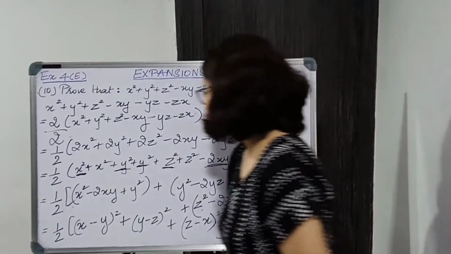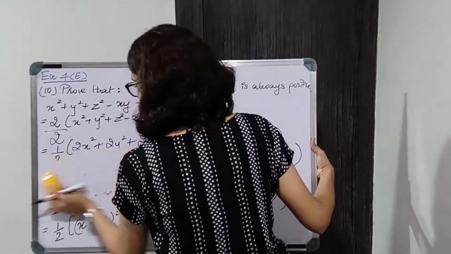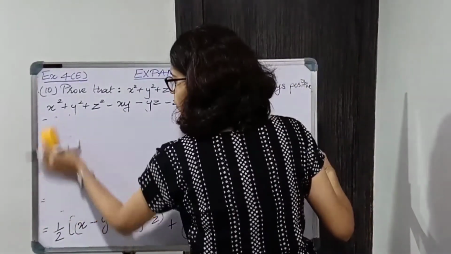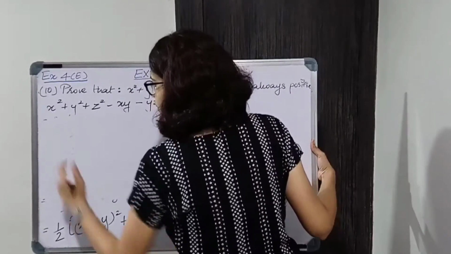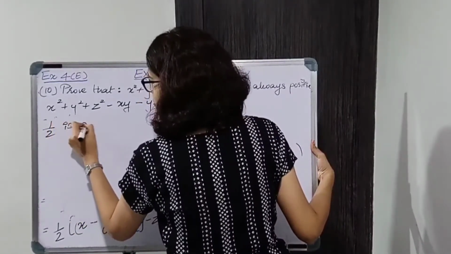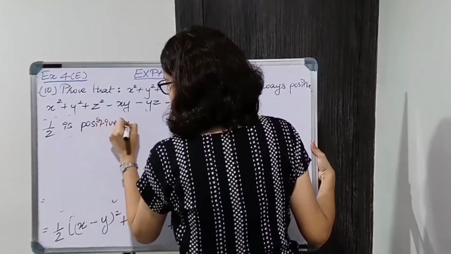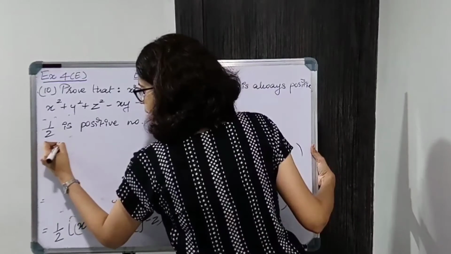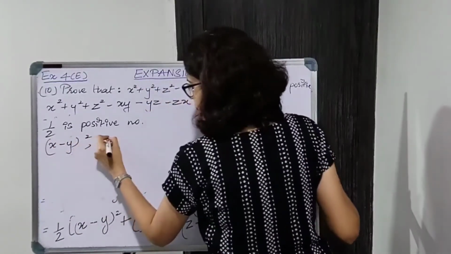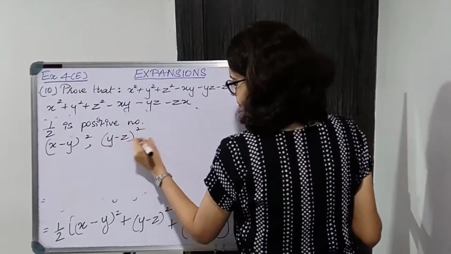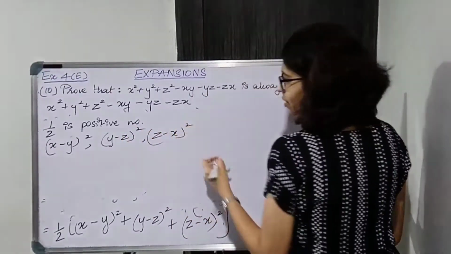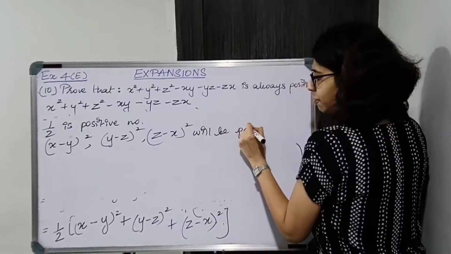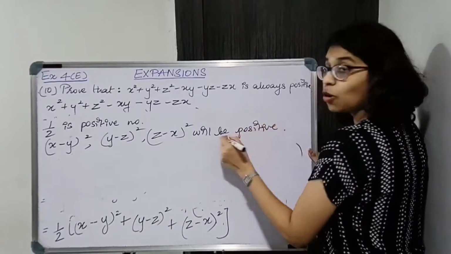So let us write down that half is a positive number. Write down the full word. And x minus y the whole square, y minus z the whole square, and z minus x the whole square will always be positive.